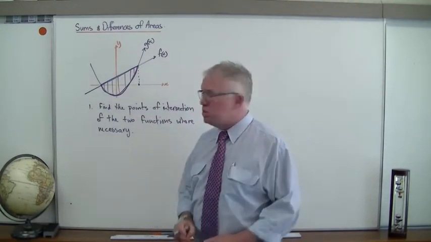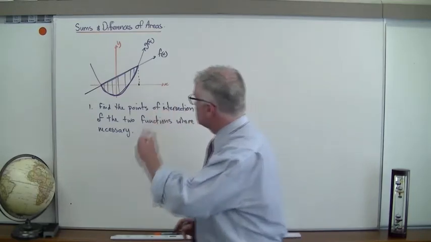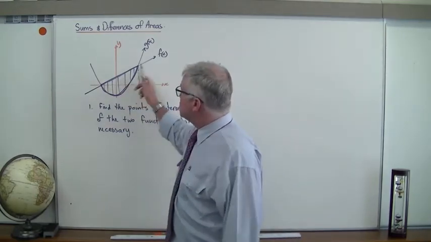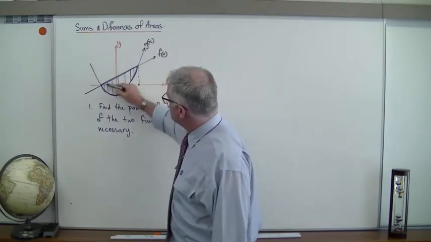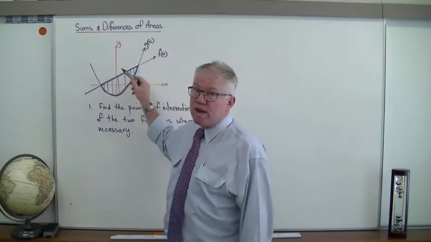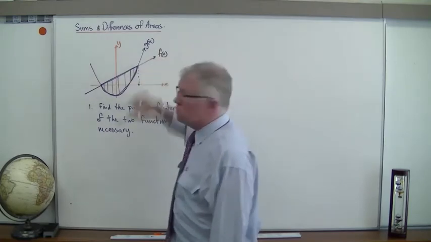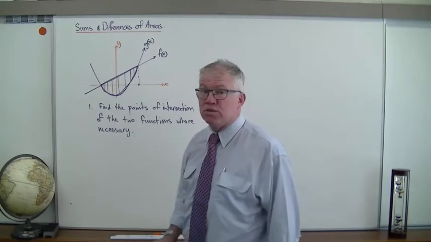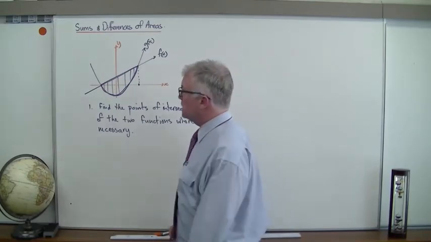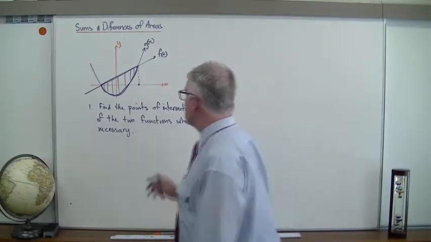So what I would be doing to find the area of this is I would integrate, but I would have this function f of x, and subtract from it this function g of x. This will all make a whole lot more sense when we come to doing examples from exercise 3.8.